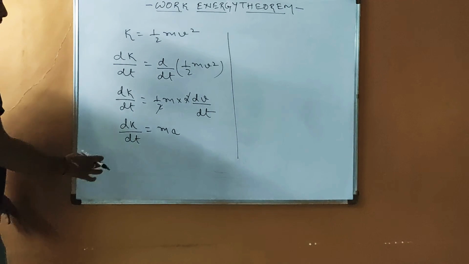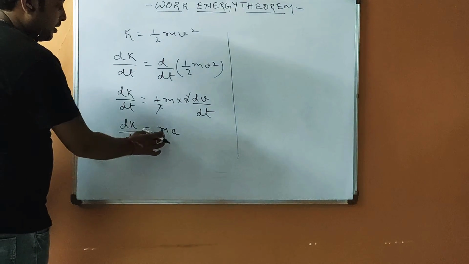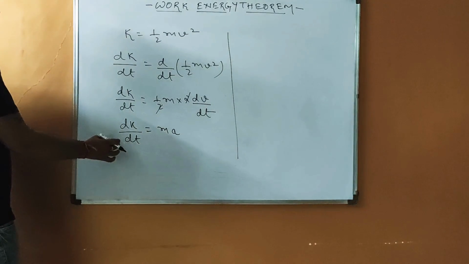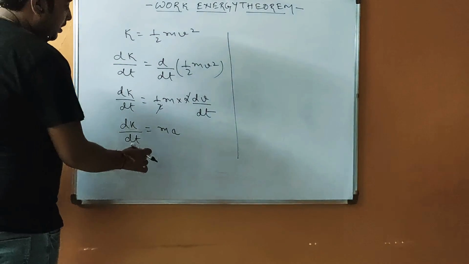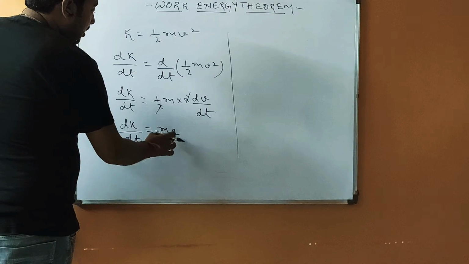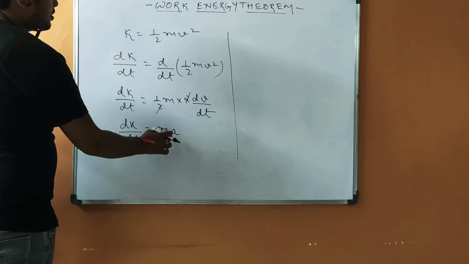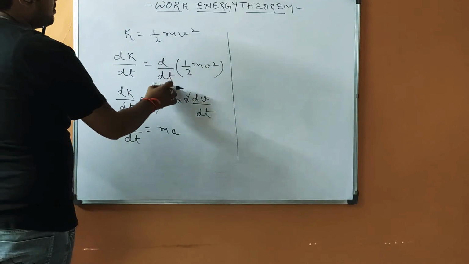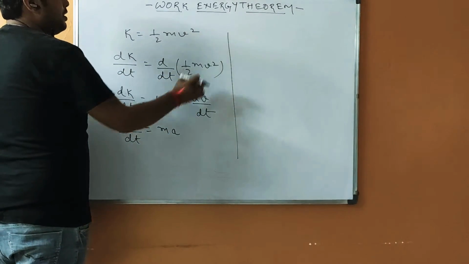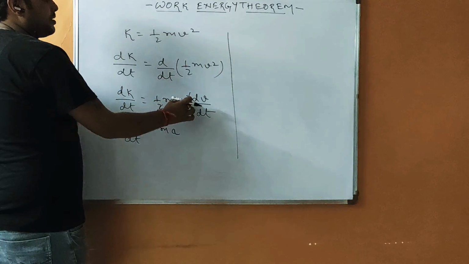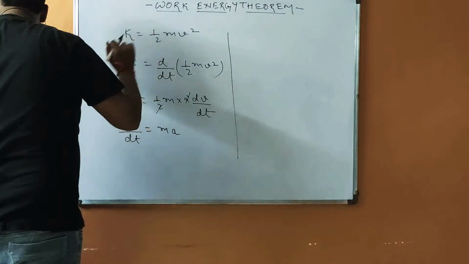Now let's have a look at what we can do here. d by dt of half into m into v square. Half is here, m is here, the differentiation of v square is equal to 2, oh sorry, there is a mistake.